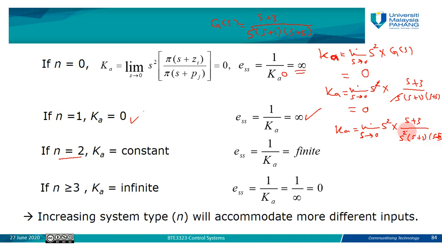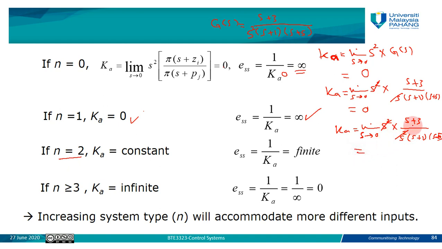The s square will cancel with this s square, so we do not have any s in the denominator, and we do not have any s in the numerator either.